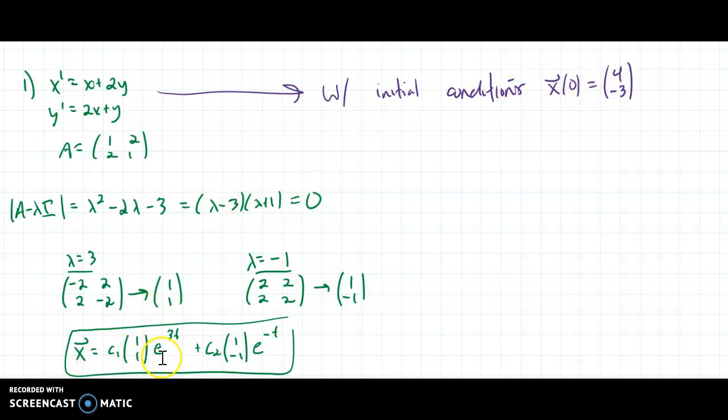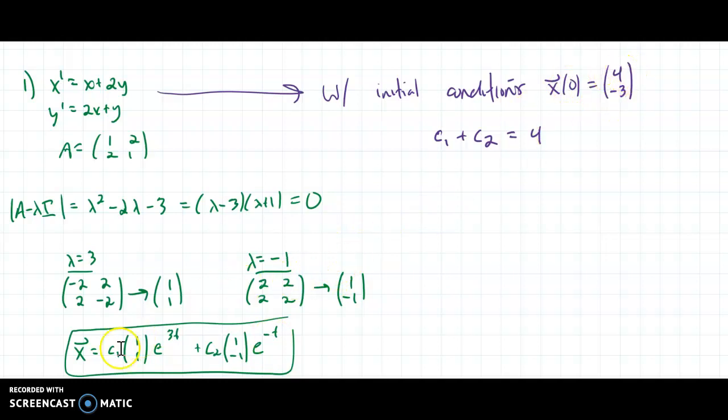Well, what I can do is write, I'm going to kind of flip this. I'm going to plug in 0, which gives me C1, that's this times that, times e to the 0, plus C2, and then times 1 times that, e to the 0, equals my 4.